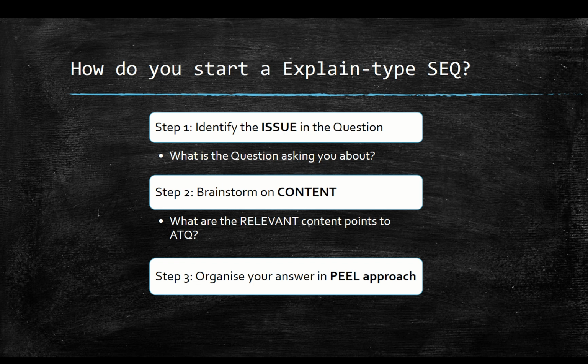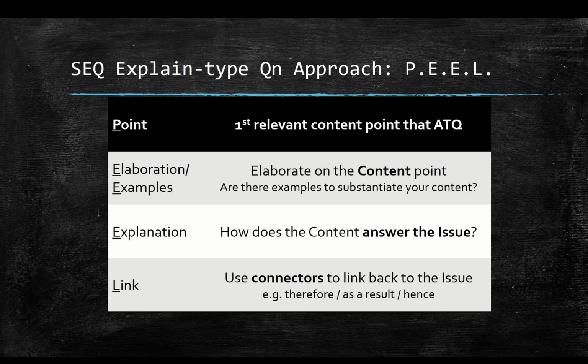Now, after you have brainstormed on the content and what would be relevant, step 3 would be the last step, where you would have to organize your answer in a PEEL approach. So what exactly is the PEEL approach? PEEL stands for point, elaboration, explanation, and link.